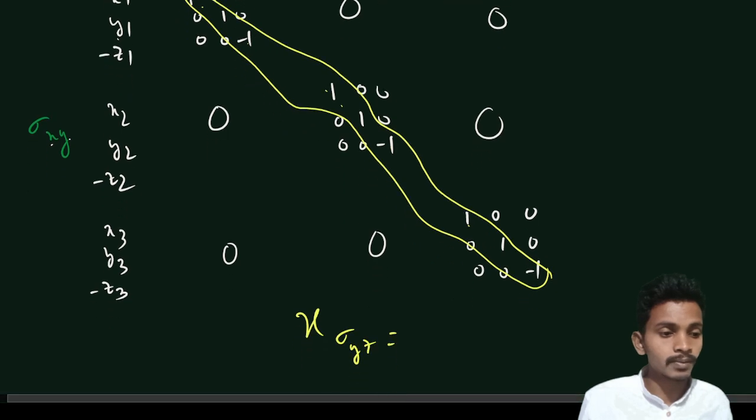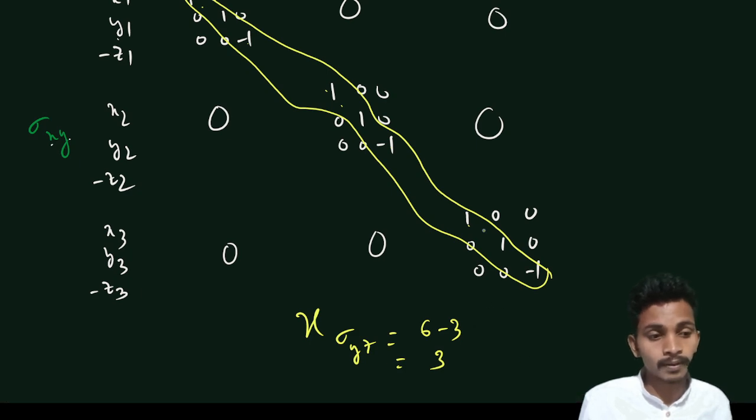So 6 minus 3, this is going to get the value 3. This is 2 minus 1 is 1, this is 2 minus 1 is 1, this is 2 minus 1 is 1. Here 1, here 1, here 1. So total equals 3.